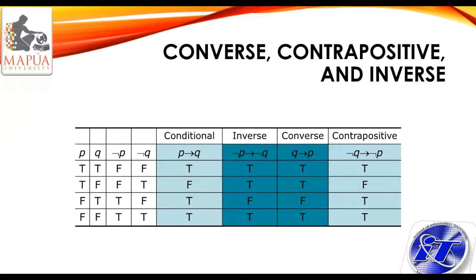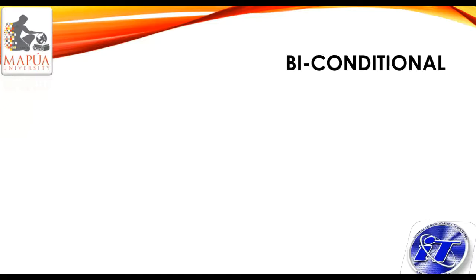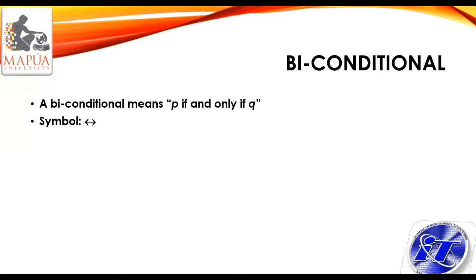Don't forget that. Now let's move on with the last logical operator, which is biconditional. The biconditional statement is P if and only if Q. This is the symbol for biconditional, a double-headed arrow.